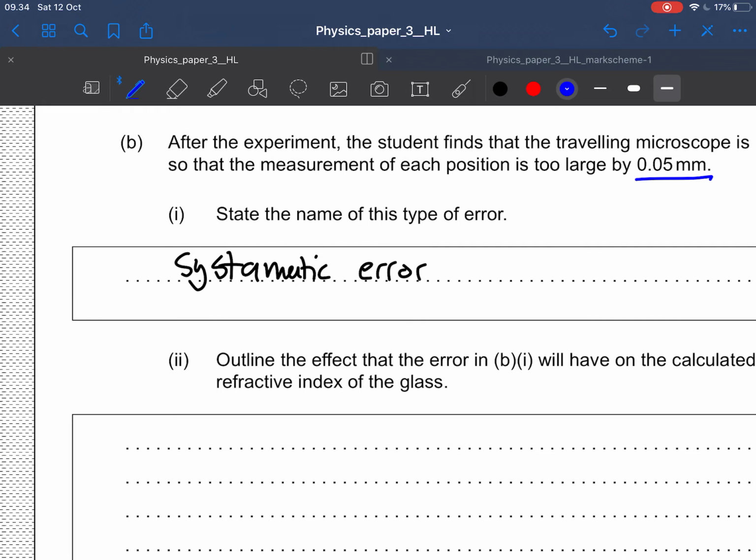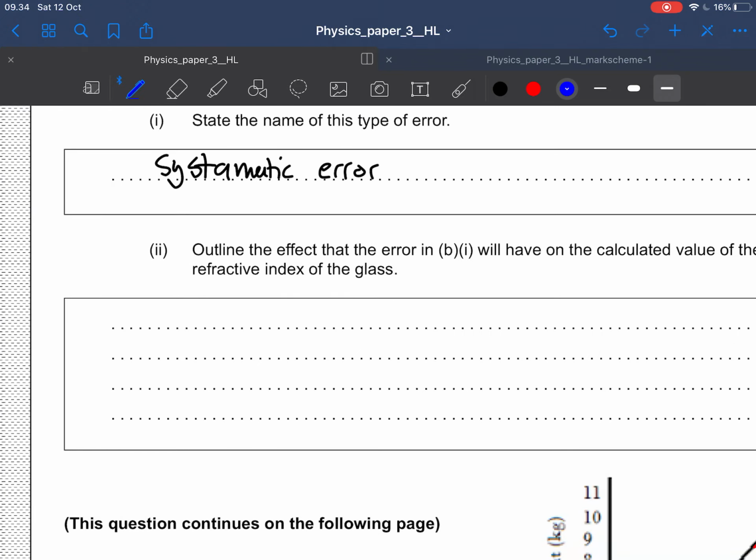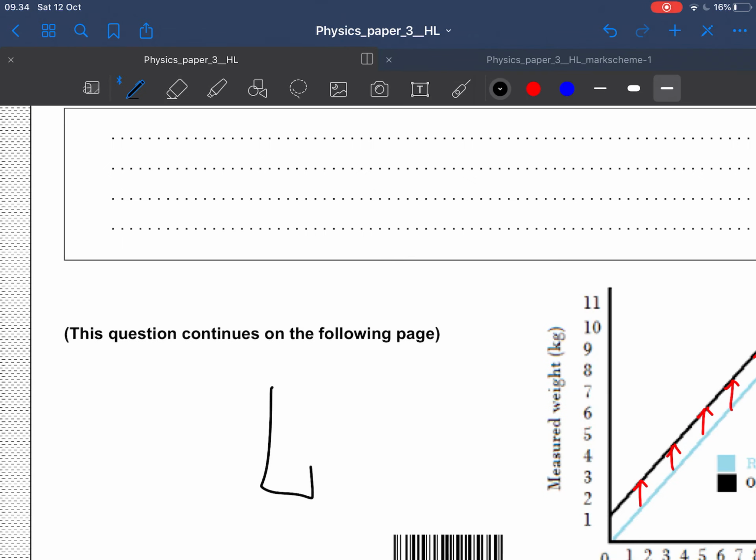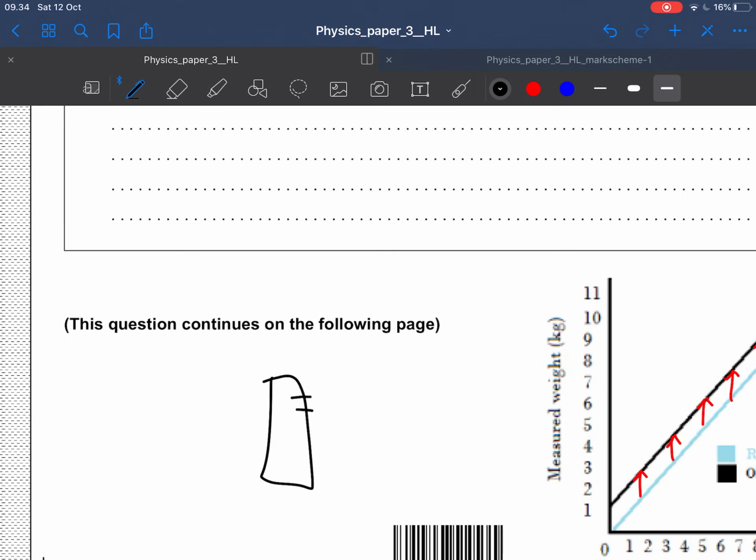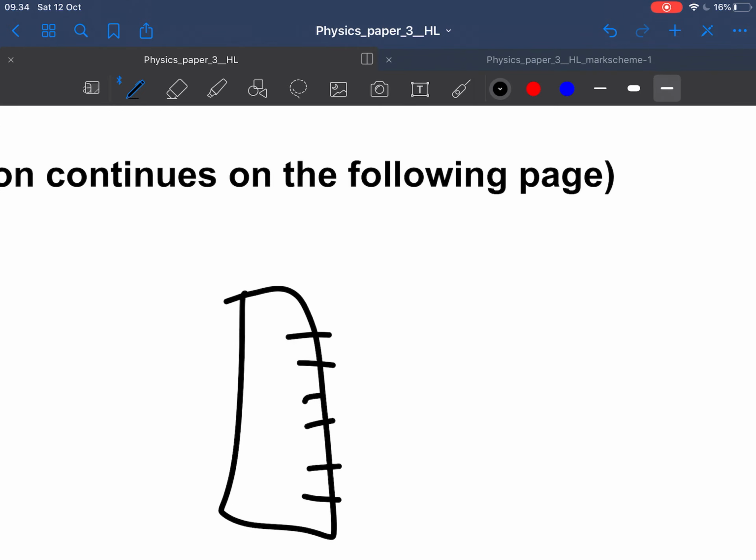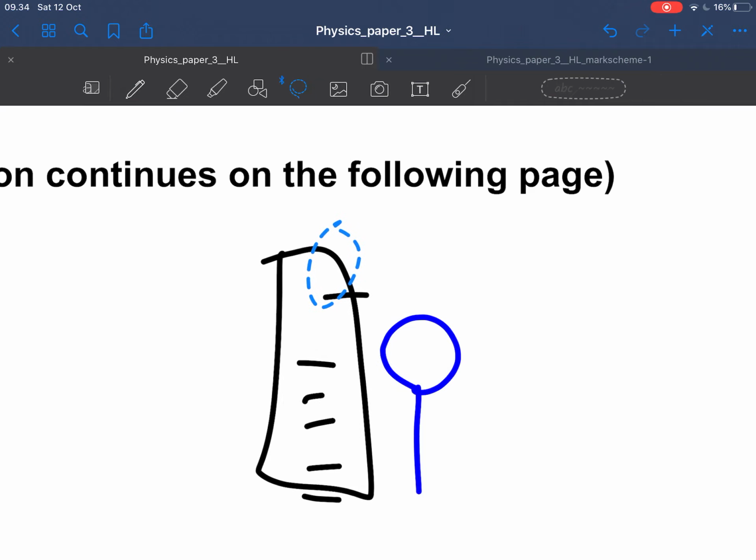But then there's the type of errors which happen when there's something wrong with the measurement. For example, if you have a ruler, right? Terrible ruler, but stick with it. And instead of measuring a line, you have a lollipop that you want to measure.